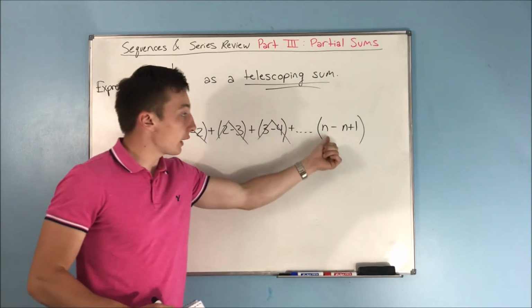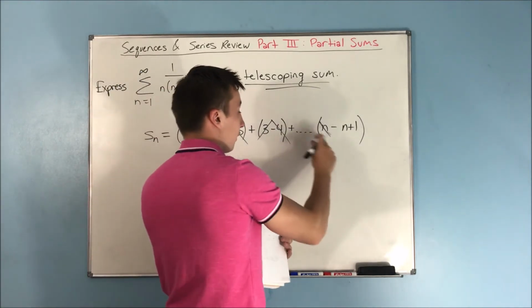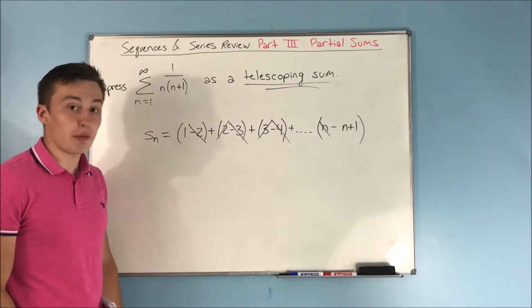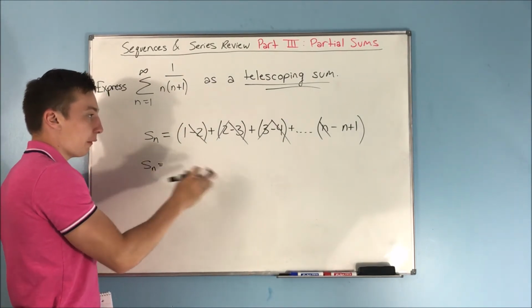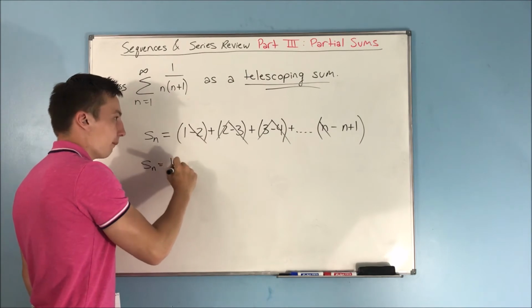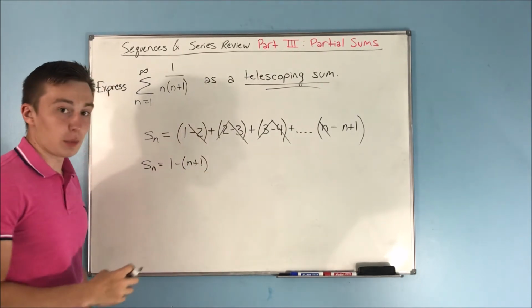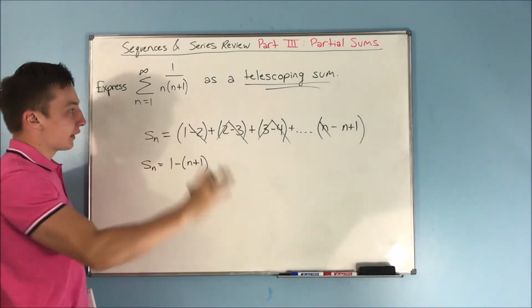And this an will get canceled out by the negative an that comes before it. And what you're left with is that your nth partial sum is going to equal a1 minus a(n+1). So that's basically how we're expressing this as a telescoping sum.